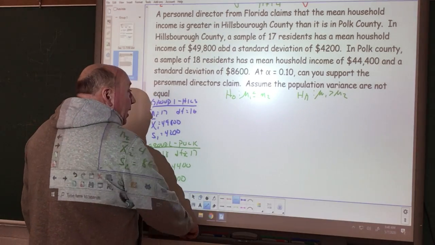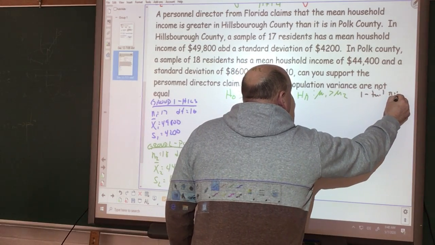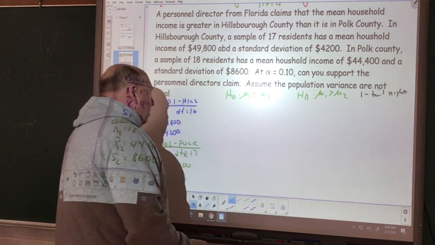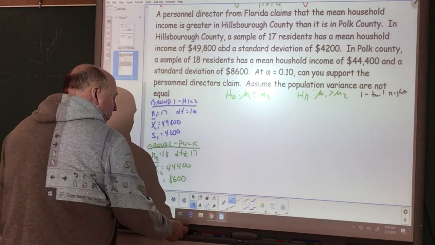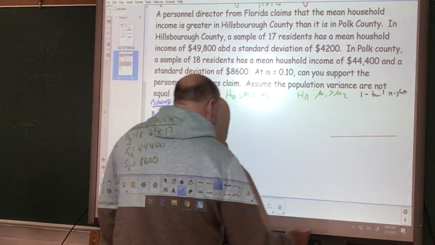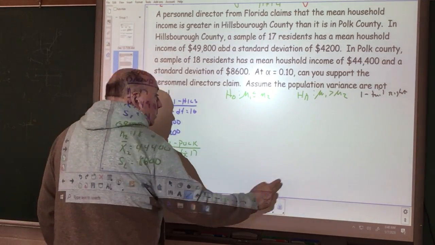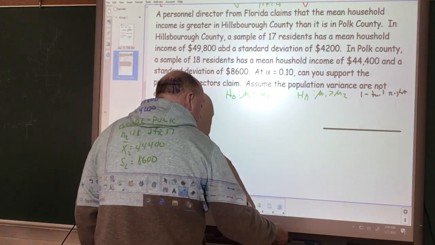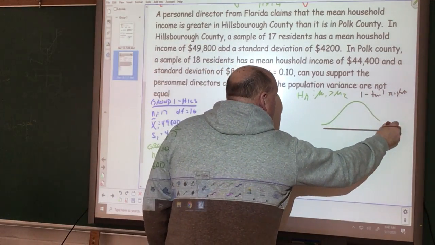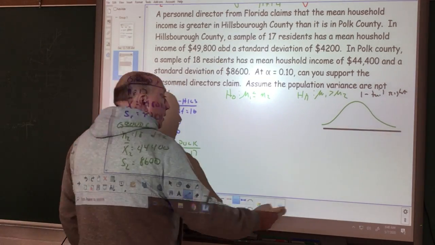So if we take a look, we have one tail. It's right. There will be a right tail test.